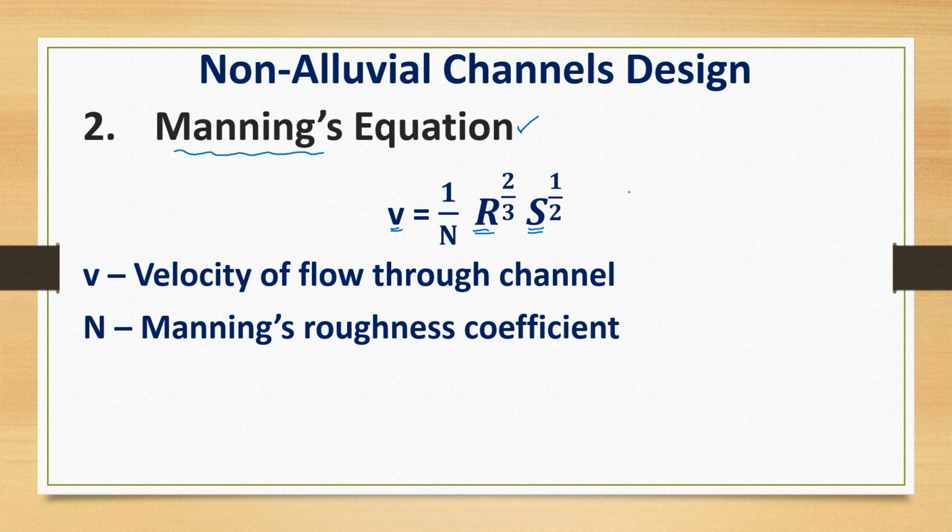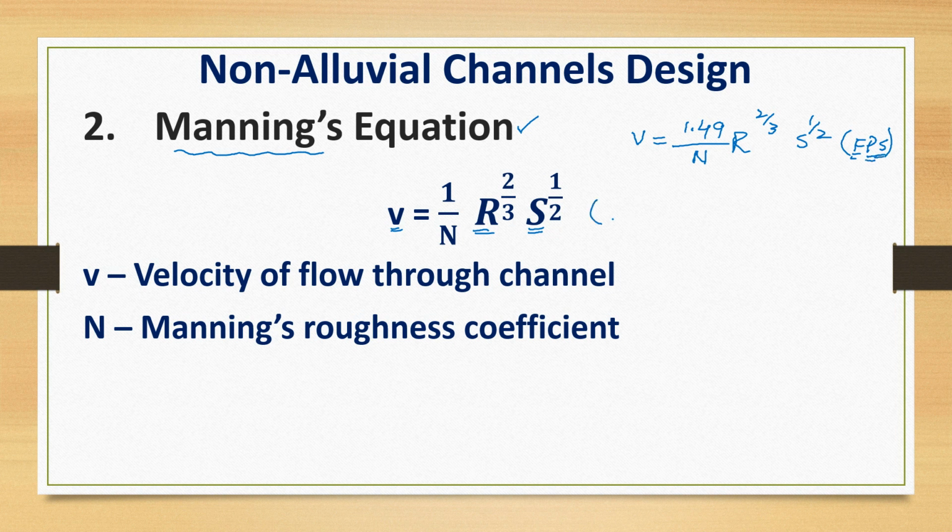If you are going in SI units, then this will be the formula. If you are going in FPS units, the formula will be 1.49 over n, R raised to power 2 by 3, and S raised to power 1 by 2. Simply, there will be a factor of 1.49 in case of FPS units, meaning feet is the length unit, pound is the mass unit, and second is the time unit.